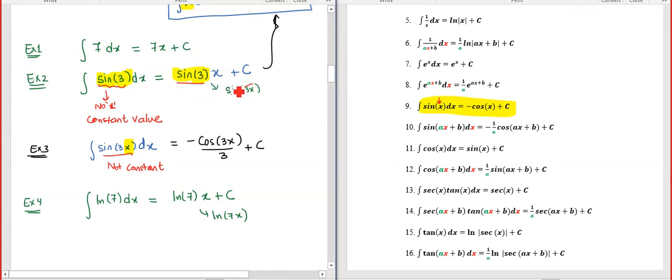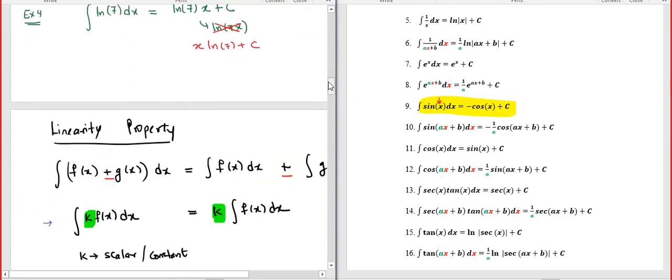So you cannot write it like sine of 3x. But you can write it as x sine of 3 plus c, because multiplication is commutative. Similarly here you cannot take x inside the argument, but you can write it as x ln of 7 plus c. So note this carefully. Don't make such mistakes.